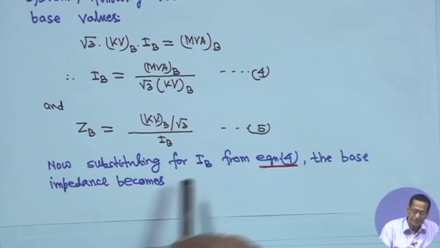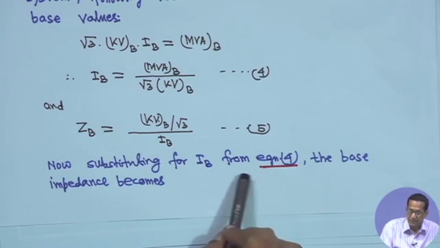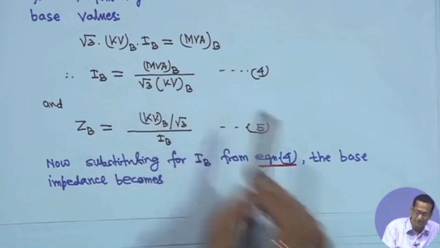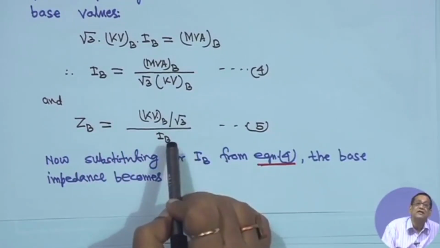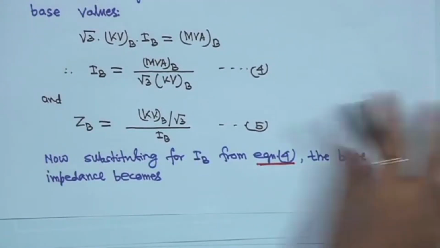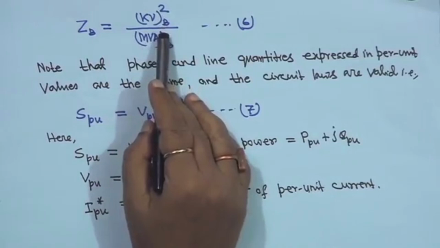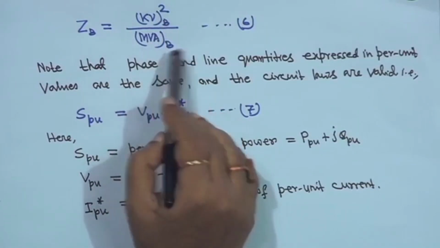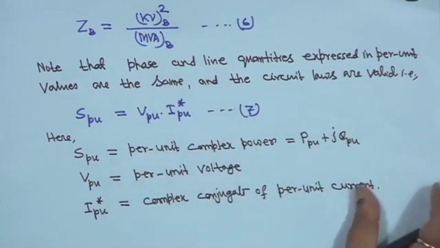Now, substituting for I_B from equation 4, you will get Z_B is equal to kV base squared upon MVA base. This is equation 6. This unit is ohm, right.